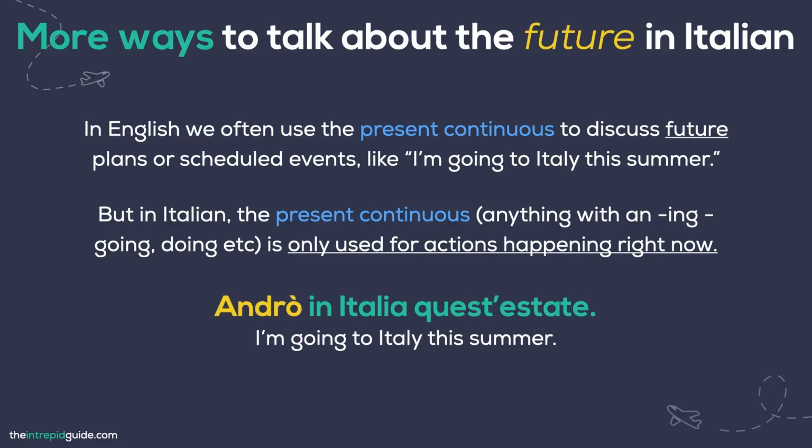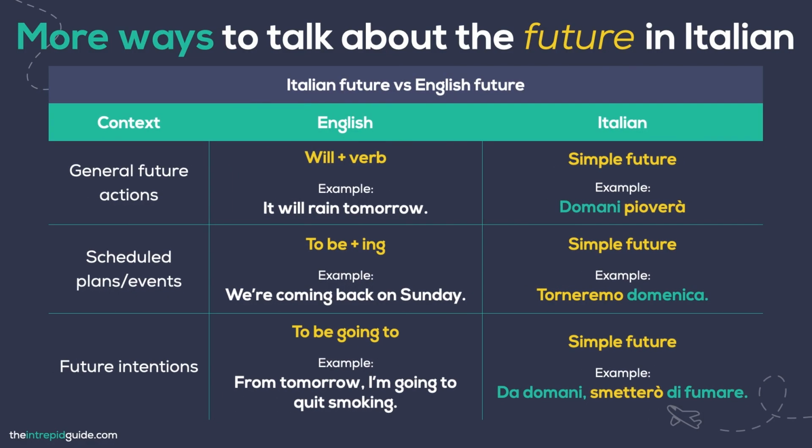Now, this is a good example of why direct translation from English to Italian can lead to errors. Now, take a look at this table that summarizes how future actions are expressed in English versus Italian. For general future actions, will plus a verb. For example, it will rain tomorrow. Simple future. Domani pioverà.